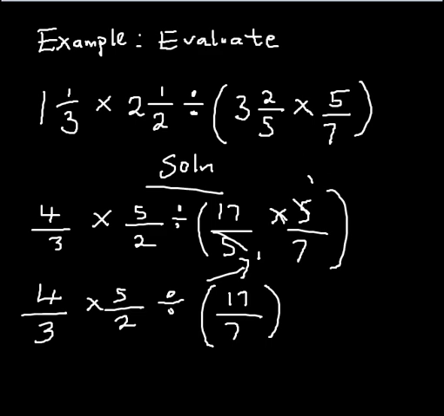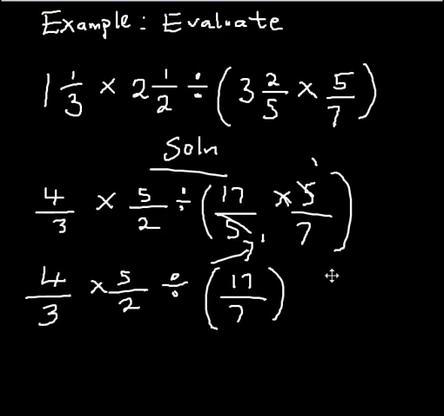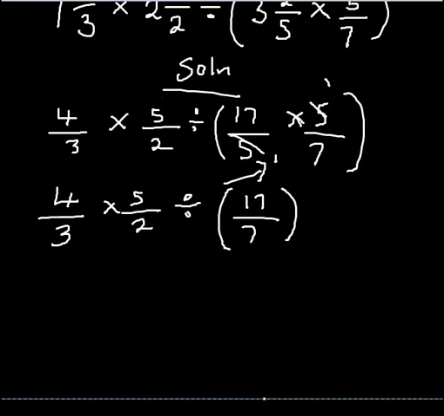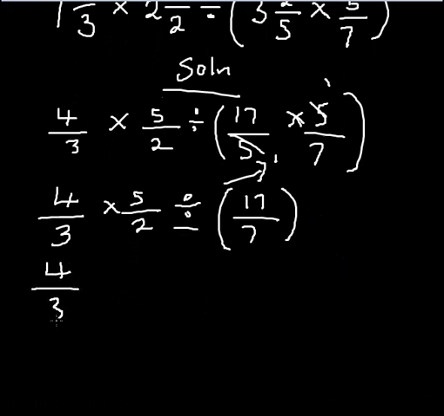So what do we do next? Division. 4 all over 3 times 5 all over 2. We'll work on the division. Remember, the division will normally change to multiplication, and you have to invert the divisor. That's going to be 7 all over 17.